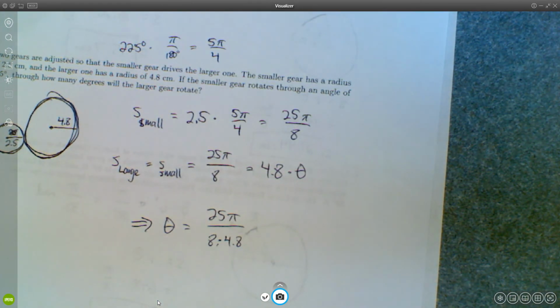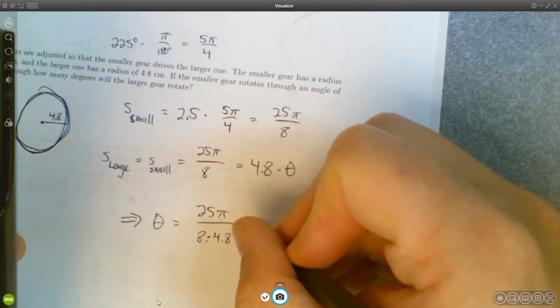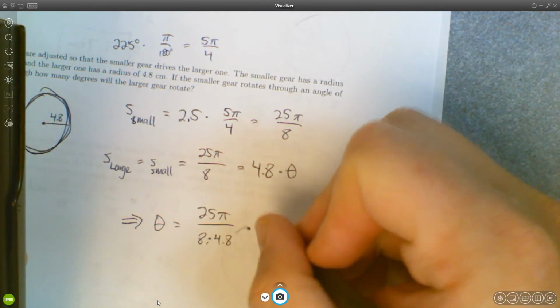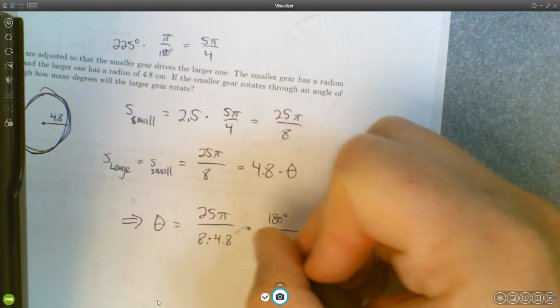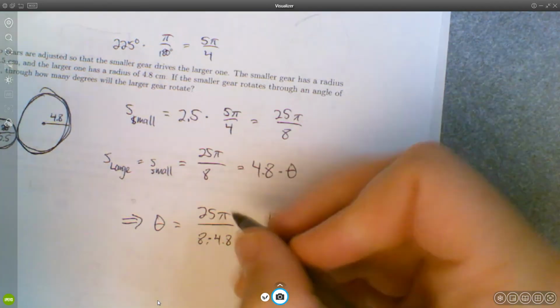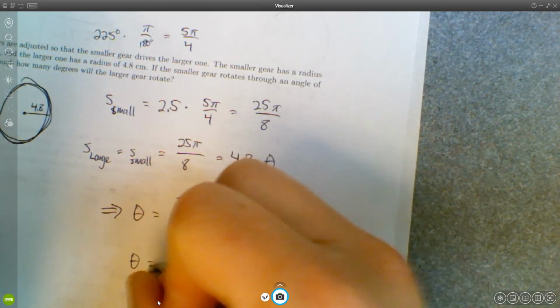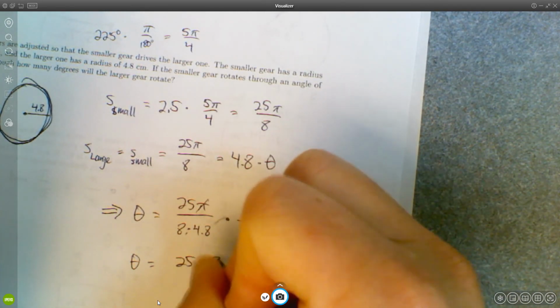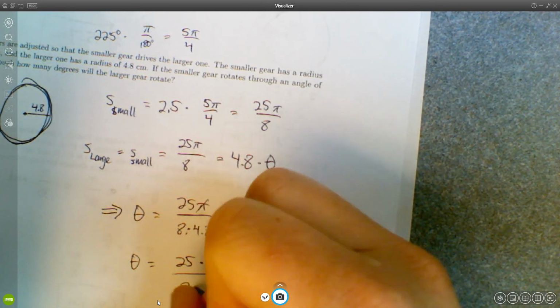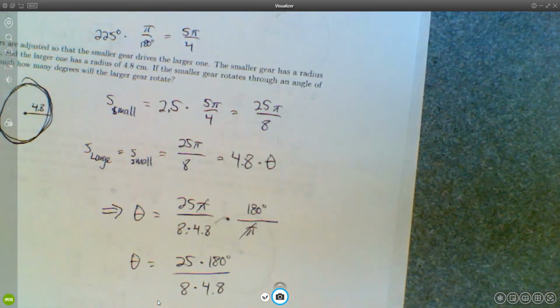So let's change that to degrees now. I'm going to multiply by 180 over pi. So the pi's at least will cancel. So theta is going to be 25 times 180 degrees over 8 times 4.8. That's going to be the exact answer.